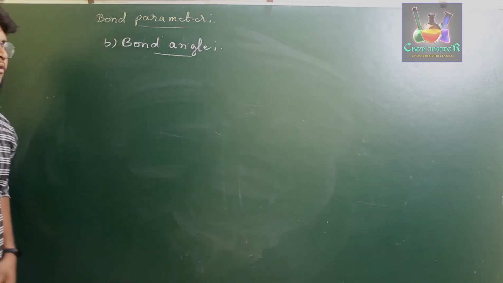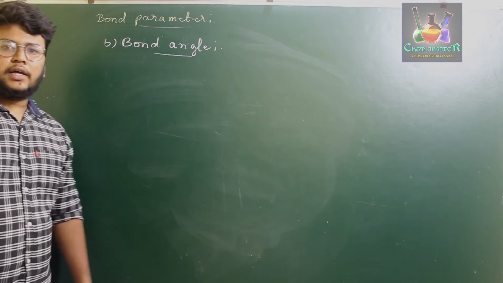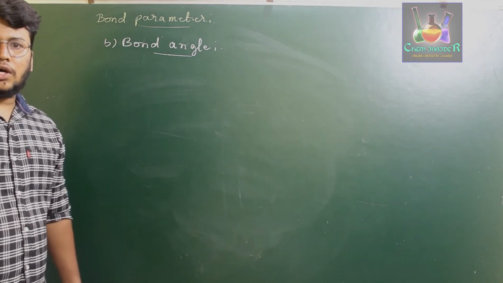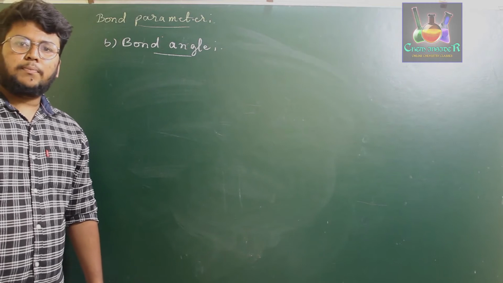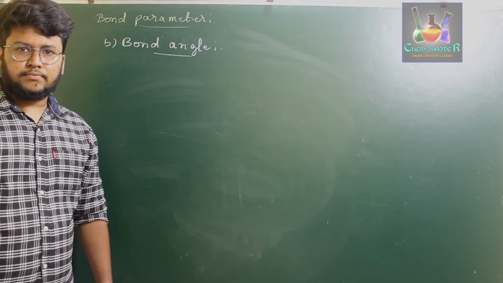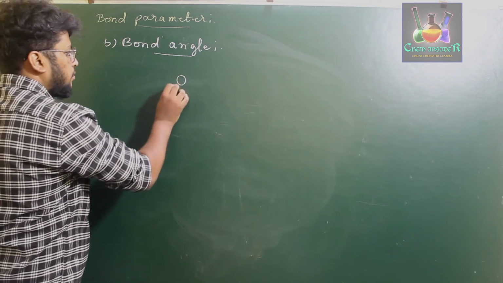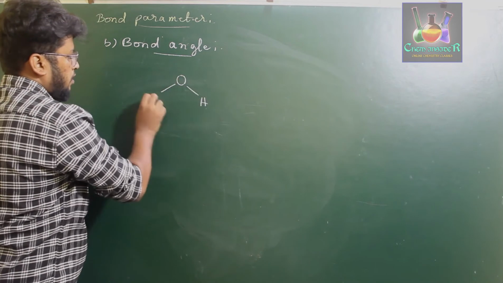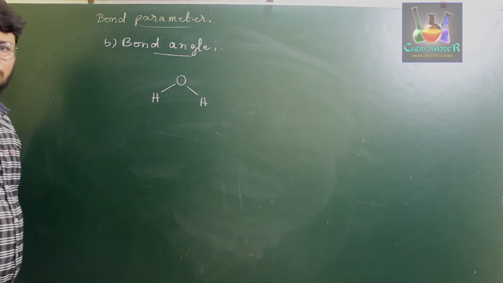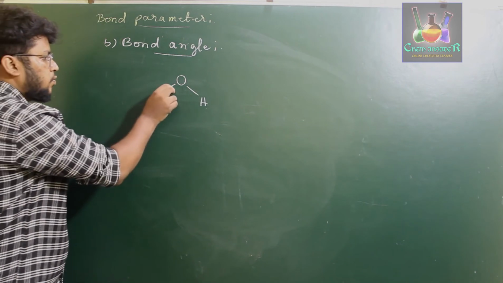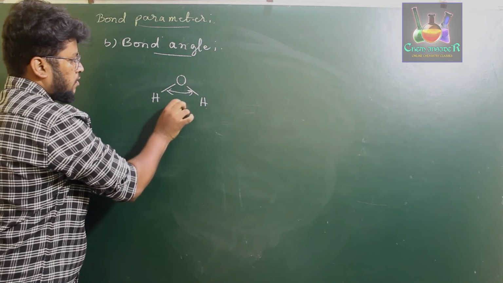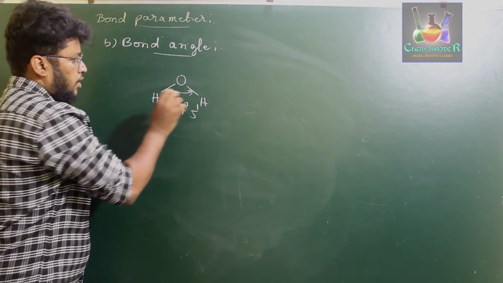So, bond angle. Bond angle is defined as the angle between the orbitals which are occupied by the electrons. Like if you consider a molecule such as water, the bond angle here is 104 degree 5 minutes.